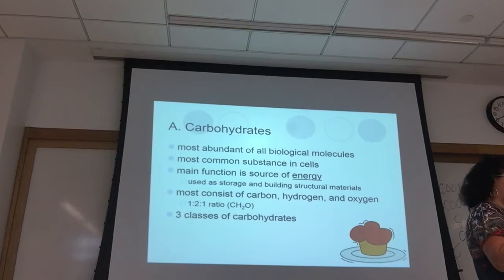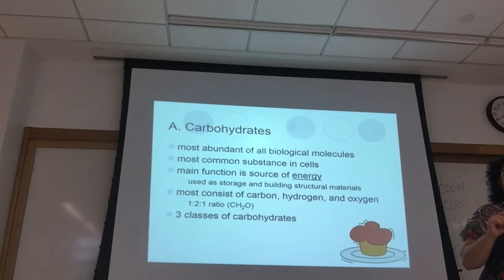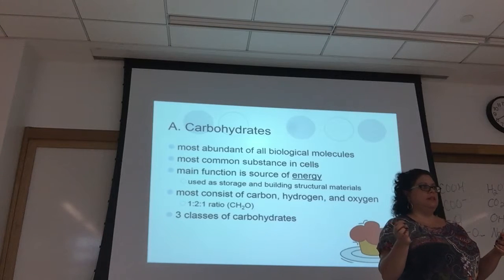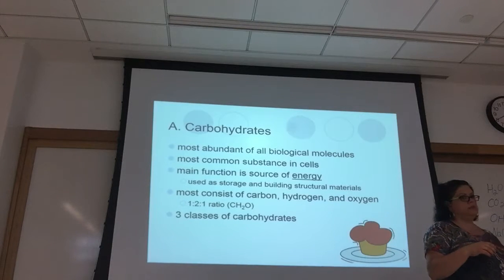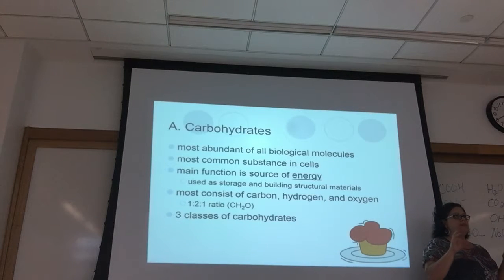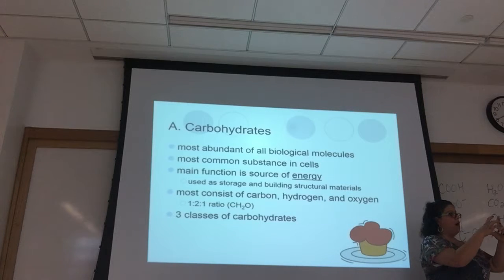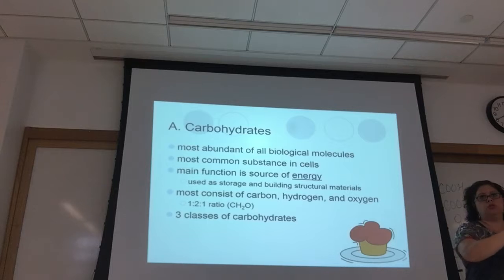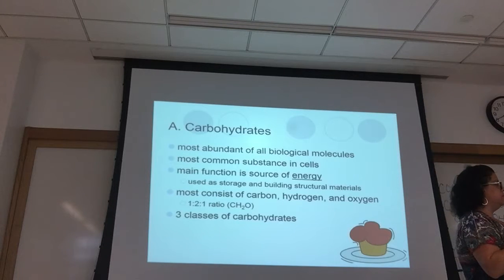Monosaccharides like glucose, like ribose, deoxyribose, galactose. All of these are monosaccharides. One simple sugar, meaning one chain or one ring of carbon, with hydroxyl functional groups coming off of it.